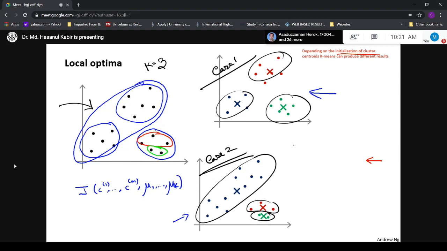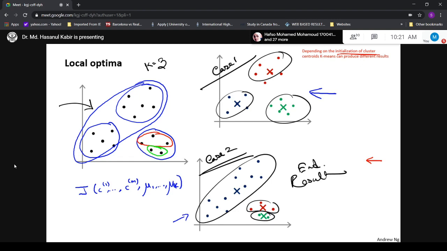Now the question is, which one is the best case? The first case looks better actually. If that's the case, what is the problem here in case of k-means clustering? The loop will be different, but the end result is basically dependent on how you choose your initial cluster centers.